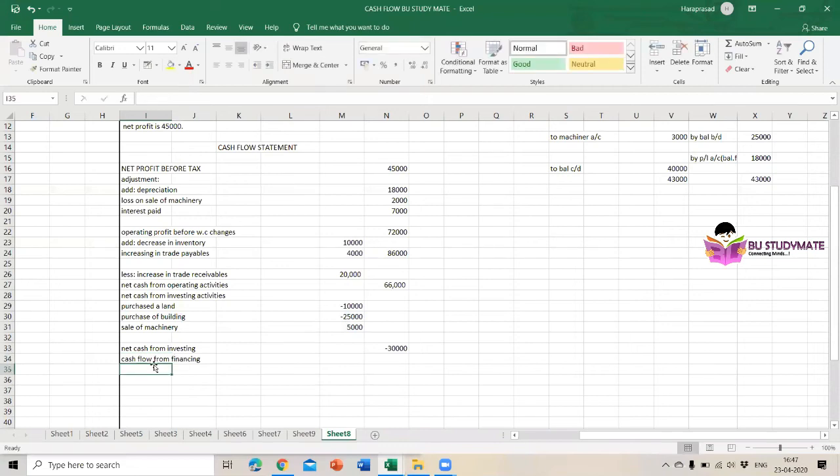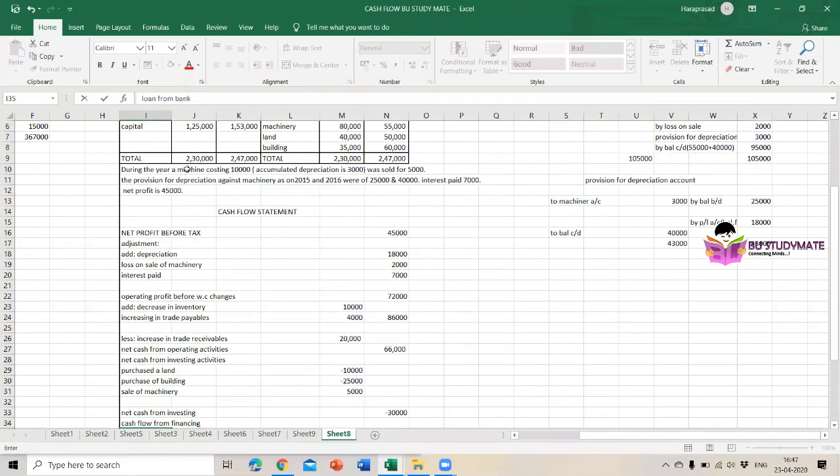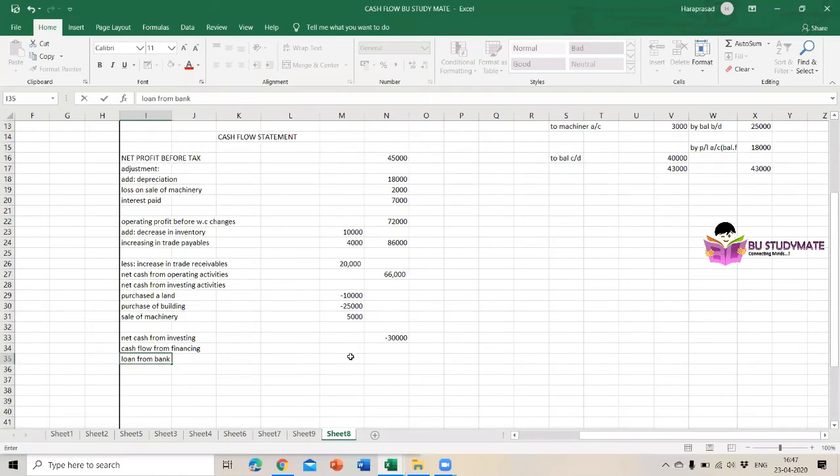First is loan from bank. How much is that? 10,000 rupees. 40,000 and 50,000 is there, so loan from bank is 10,000. Then we have made a payment of Mr. A's loan.